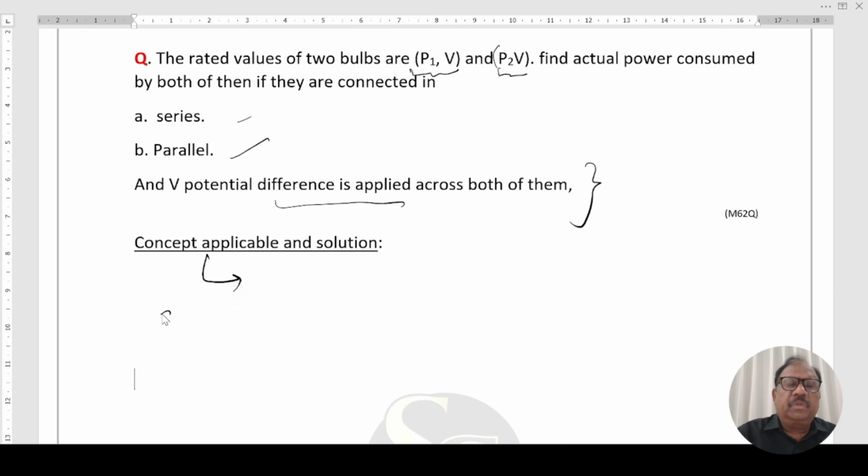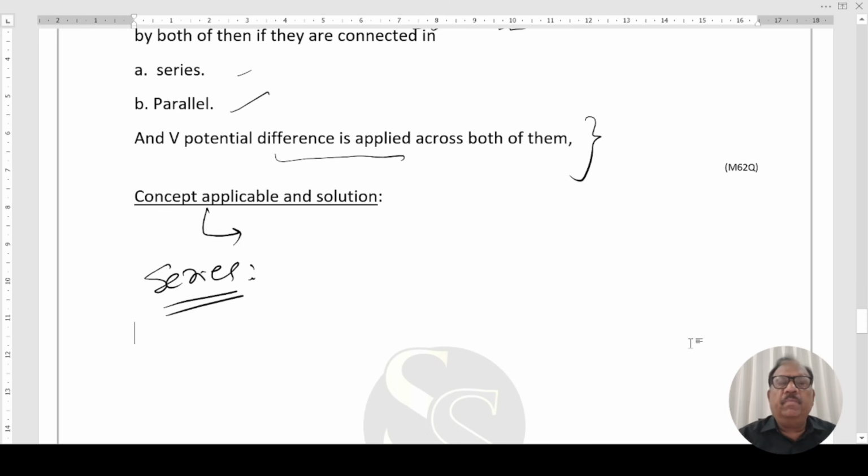concept applicable for series combination. In series combination, you know R equivalent will be equal to R1 plus R2.